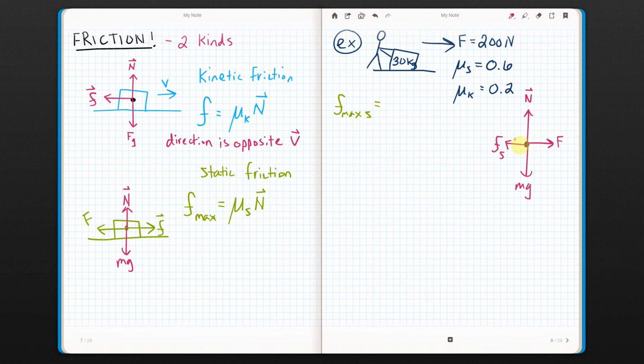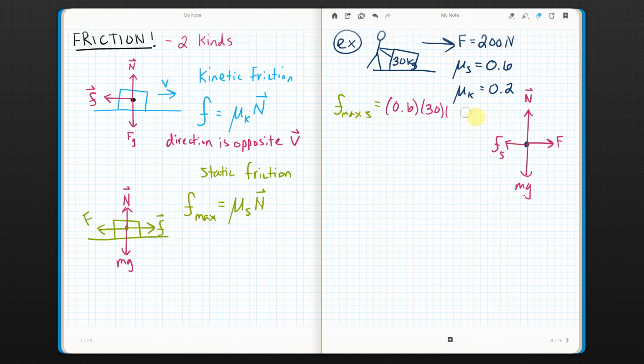Because I'm not at an angle or pushing on it with an angle or lifting up on it or anything, I know that the normal force is going to equal mg. So in this case, I'm going to get 0.6 from the static friction times 30 times 9.8. Or, I'm going to make this easier on myself.